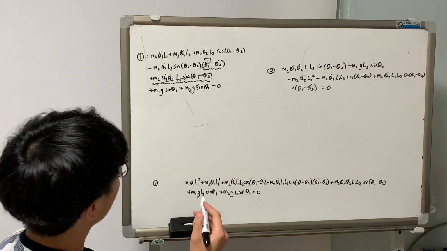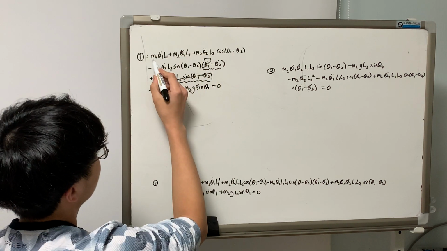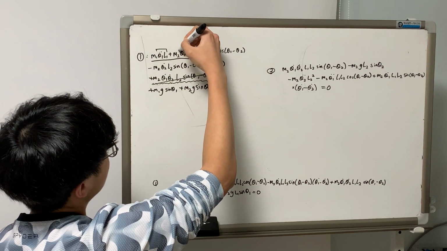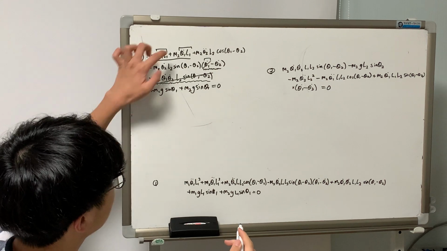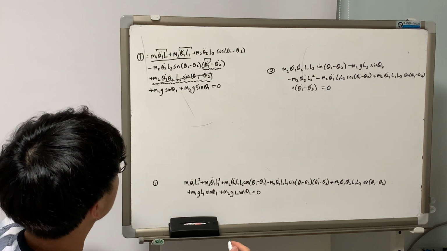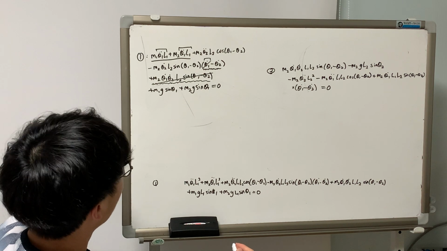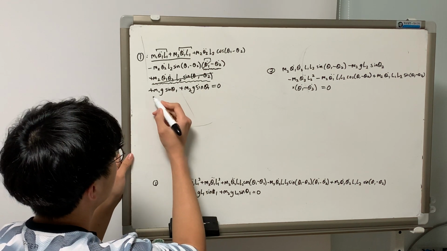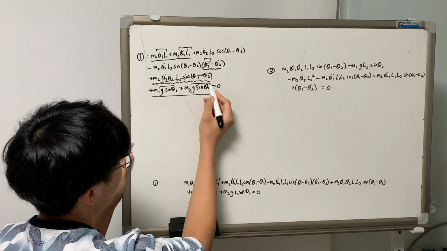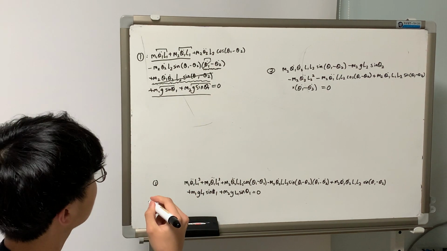And what we also know is that for these two terms, the same term here is repeated. And so we could wrap these two terms with this value. And also for these two terms, we could wrap them by this value, G sine theta 1.